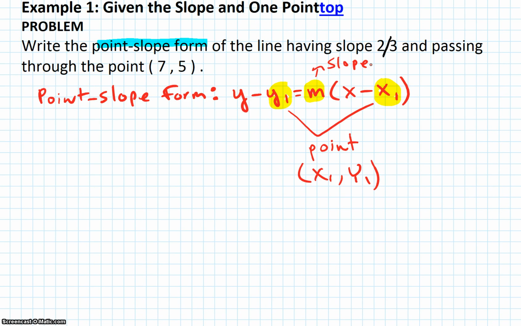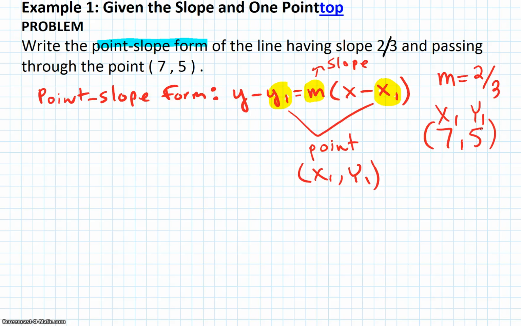So for this particular problem, the slope is 2/3, and the point is (7, 5), where 7 is x1 and 5 is y1.